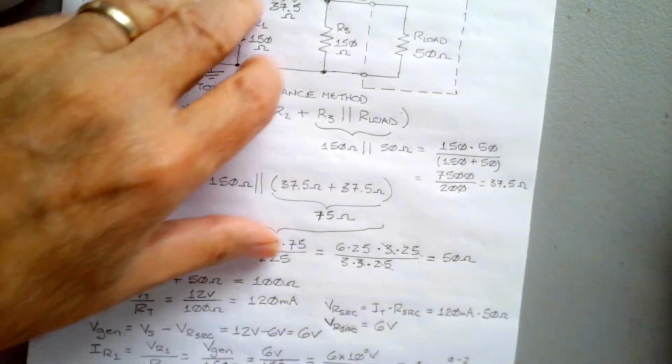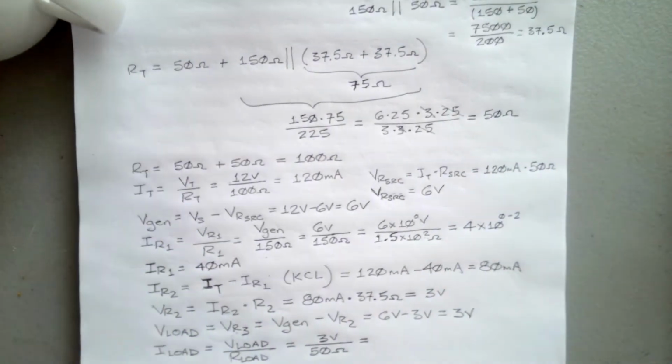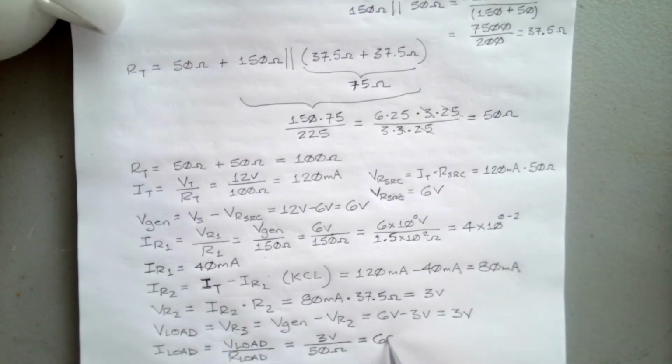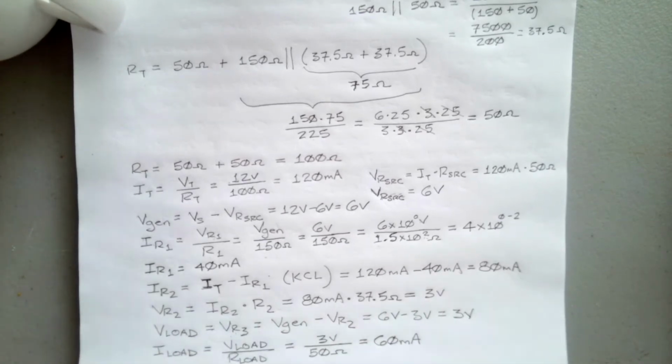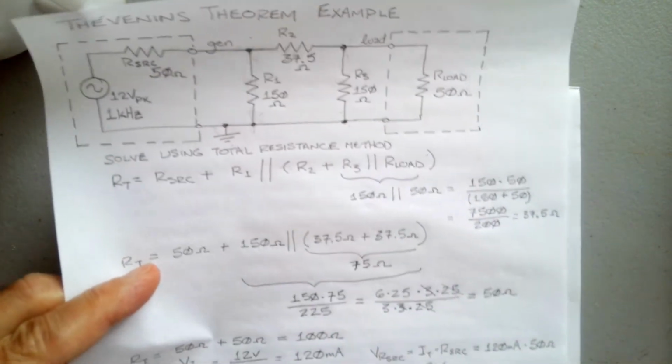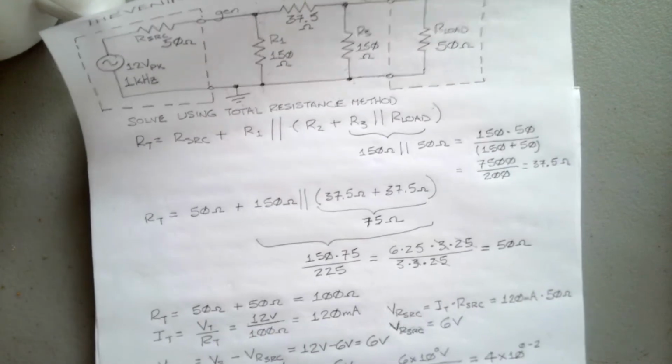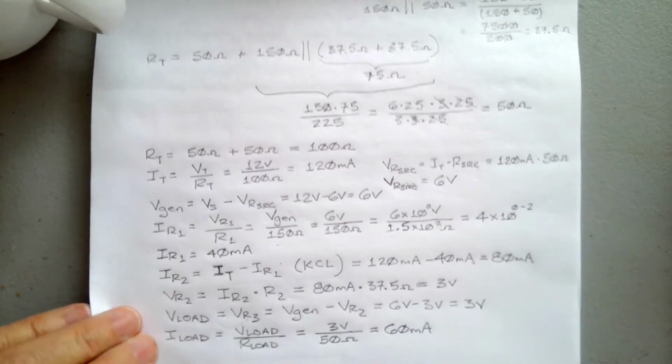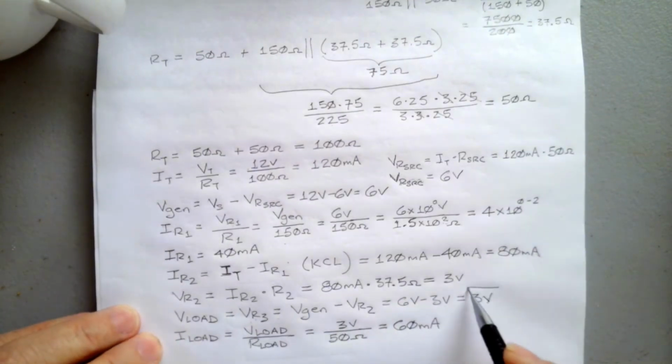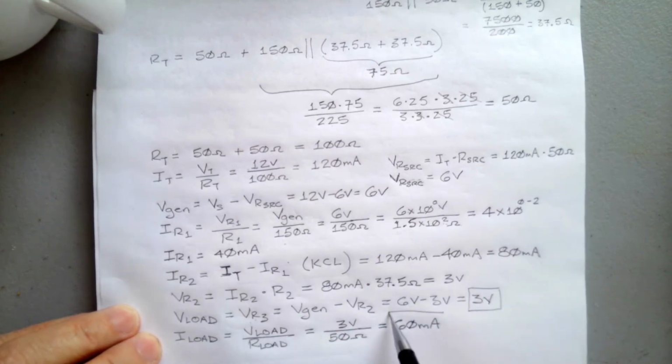So, sorry about that. So now I've got 60 milliamps down here, and I'm going to start another sheet. So what we figured out is that our load, there's our load voltage and there's our load current.